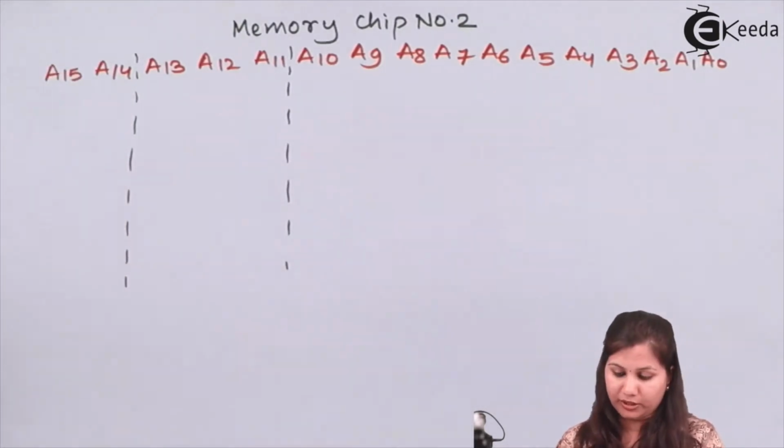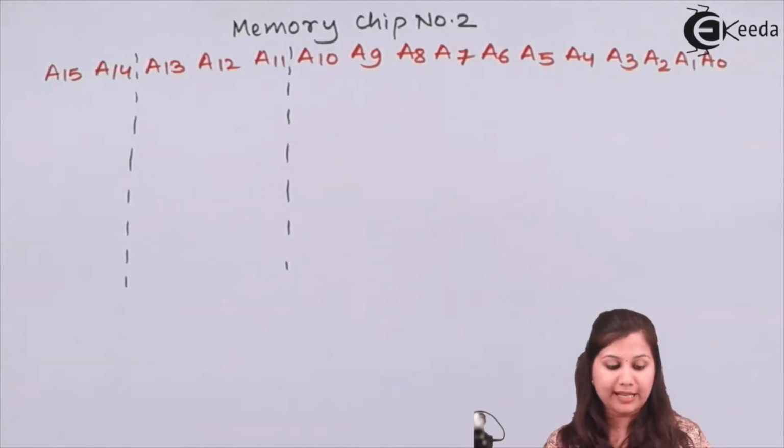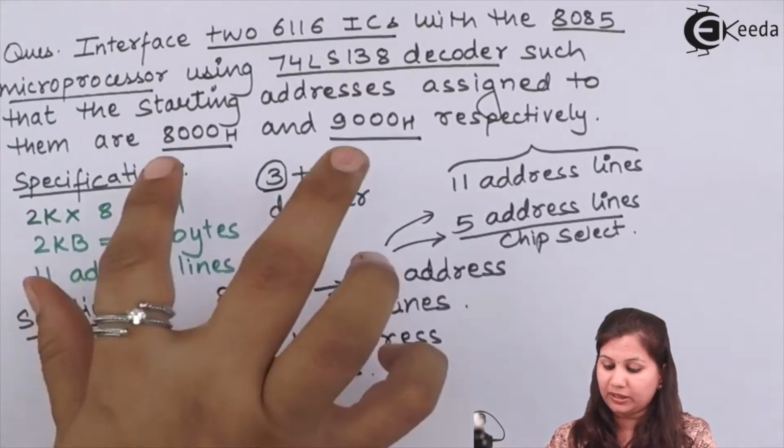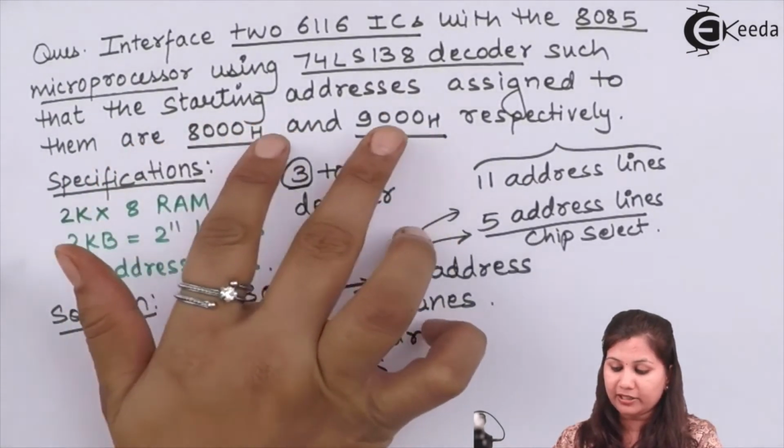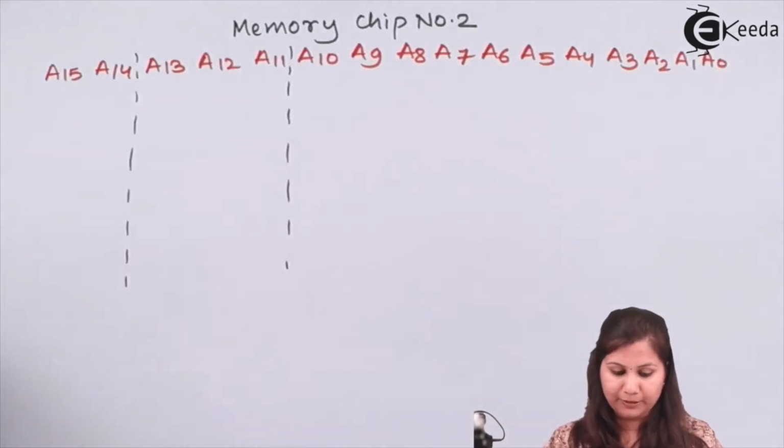will be constant. Now for the second memory chip, we have to use the starting address as 9000, because in the question it is given that the starting address is assigned as 8000 and 9000 for the memory chips.